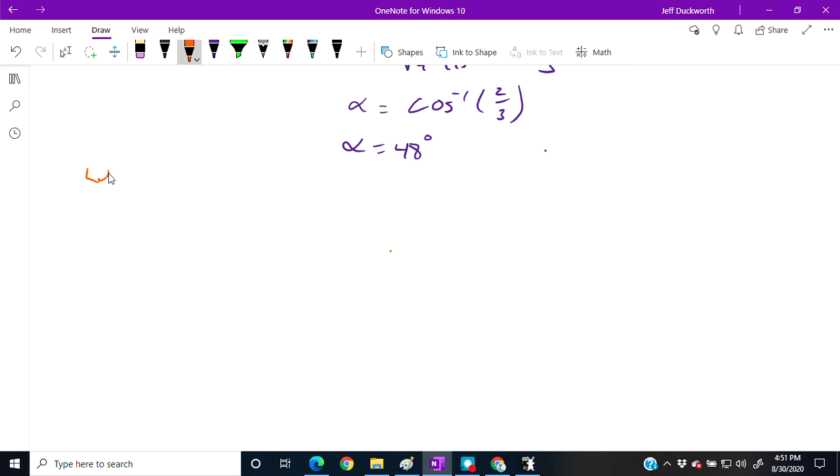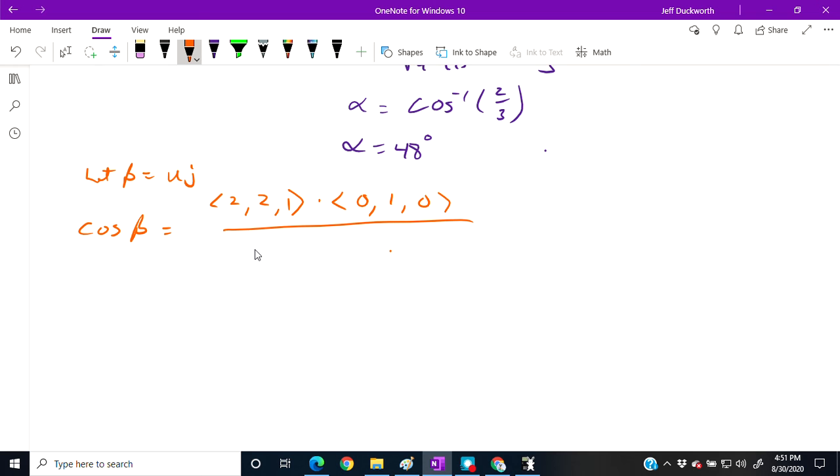So we have cosine of beta equaling 2, 2, 1 dot 0, 1, 0. And we already know what these magnitudes are. The magnitude of u is 3, and the magnitude of j will be 1 again.